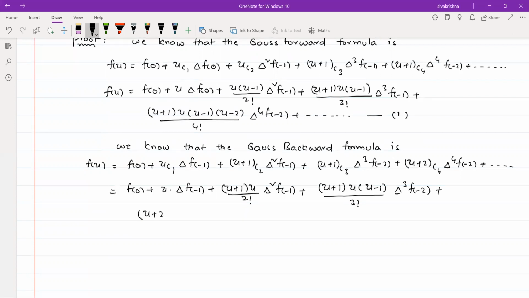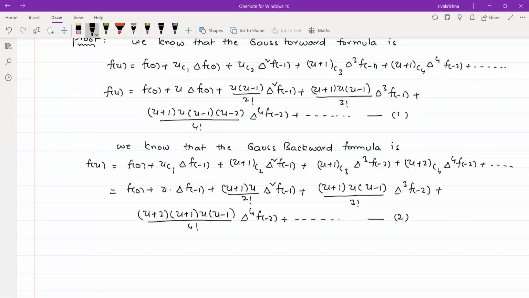So u plus 2 into u plus 1 into u into u minus 1 by 4 factorial into delta power 4 f of minus 2 plus and so on. So this is the Gauss backward formula and we have to treat this as equation number 2.